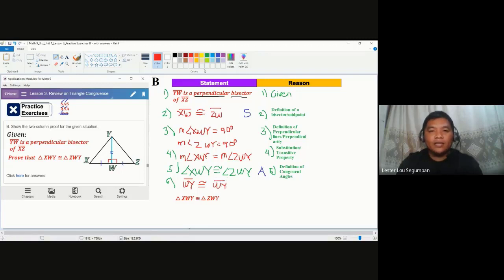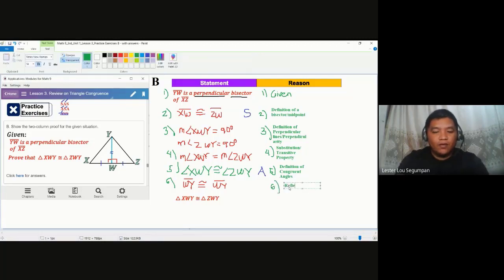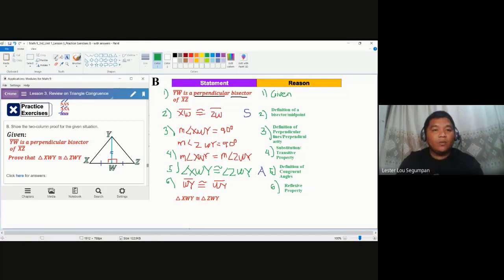If one thing is congruent to itself, that property is called reflexive property. Okay? And by doing that, we have established another S. That would mean we will not be using ASA, but we will use SAS.